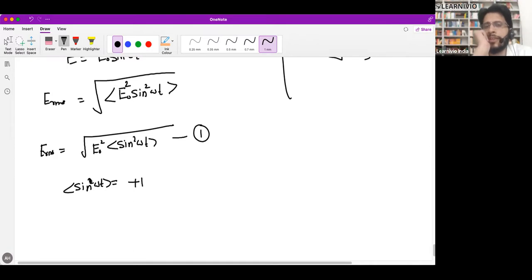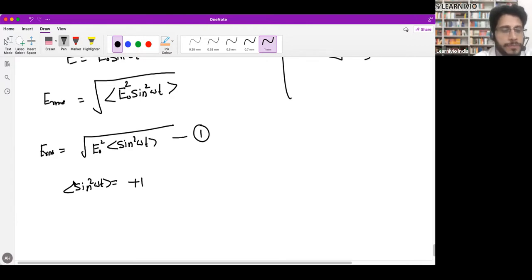No, sir. Even if it has a negative value, it gets squared, so there would be no negative value.